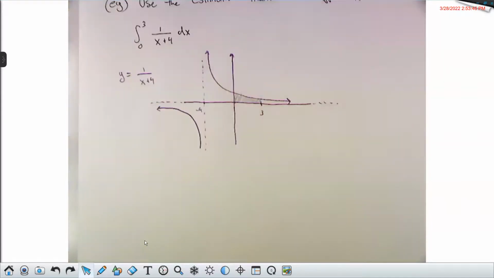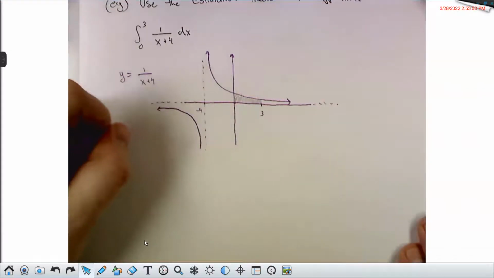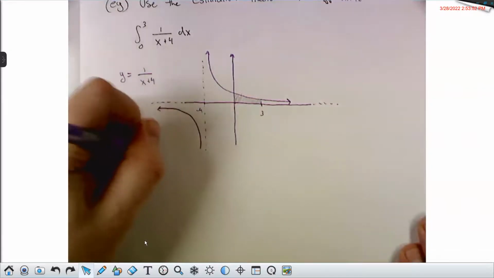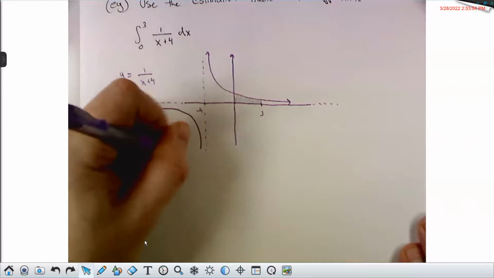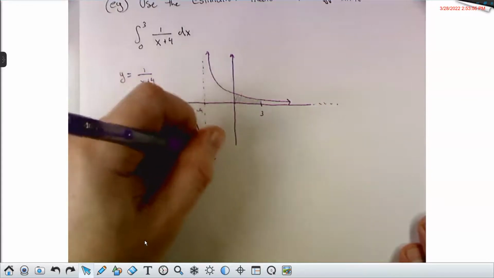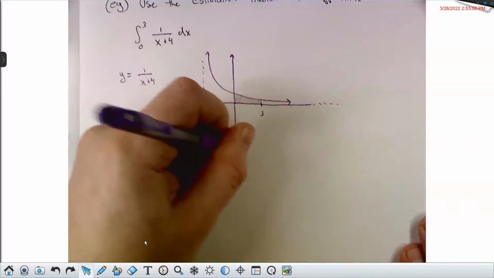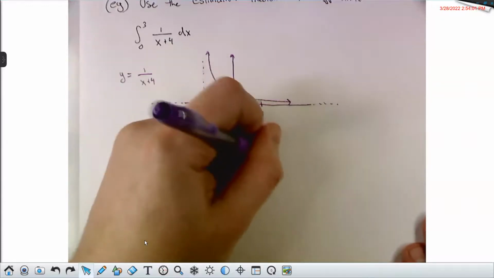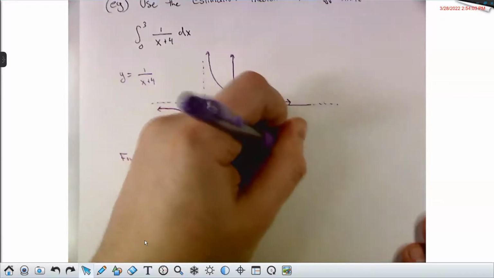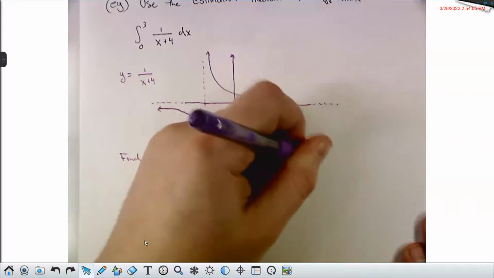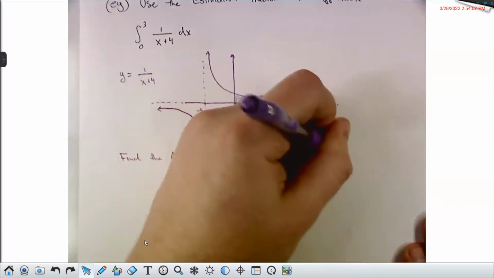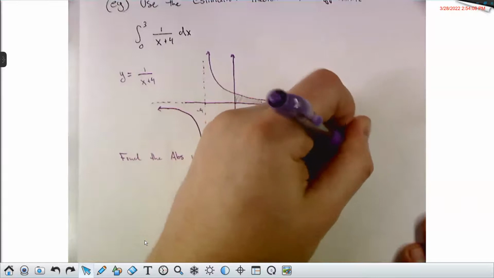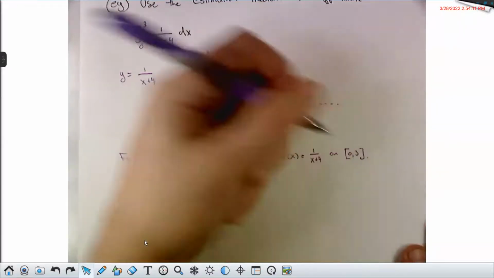And if I want to use that estimation theorem, the thing the book calls property 8, we need to find the absolute min and absolute max for f of x equals 1 over x plus 4 on the interval 0 to 3.